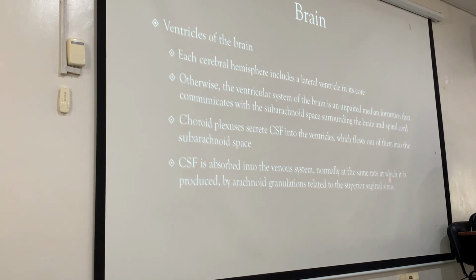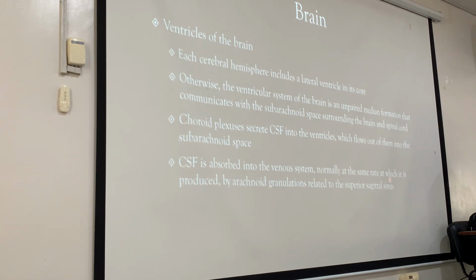Choroid plexus secretes CSF into the ventricles, which flows out of them into the subarachnoid space. And CSF is absorbed into the venous system, normally at the same rate at which it is produced, by arachnoid granulations related to the superior sagittal sinus.